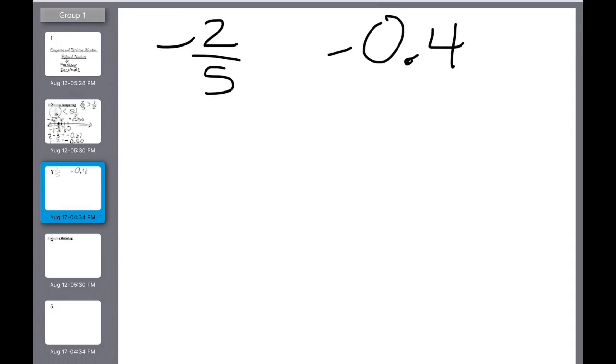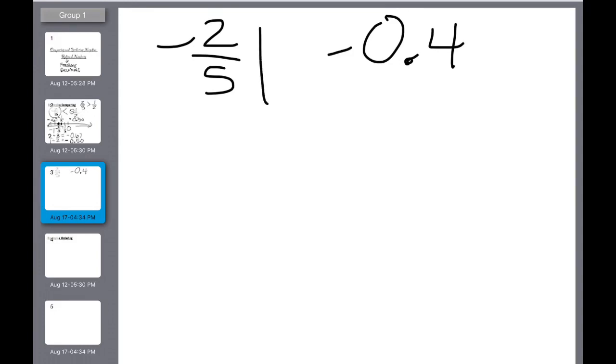So in order to compare these, I highly recommend you change one to be the same as the other, meaning change the fraction to be a decimal or change the decimal to be a fraction, so that you're looking at two fractions or two decimals to compare. I think most of my students prefer to work with decimals.